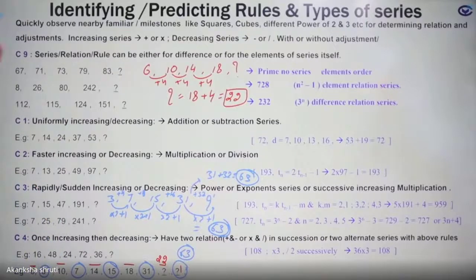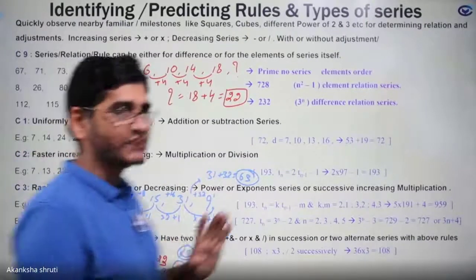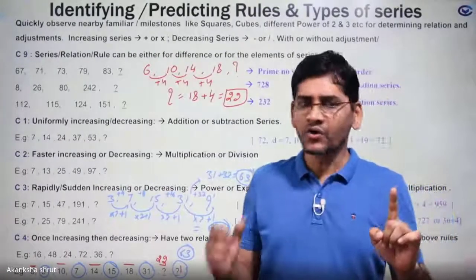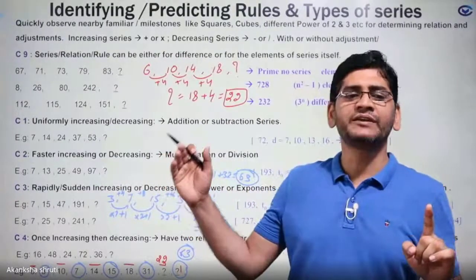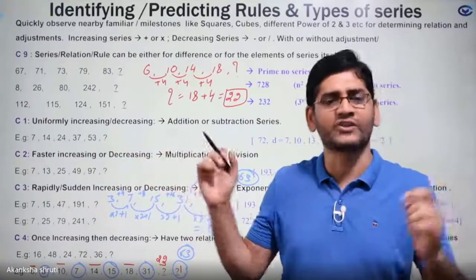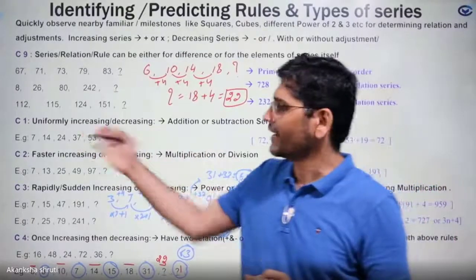So only these are the four important concepts that you have to keep in mind. Again, recall: first, go for checking the difference. If the difference is uniformly increasing or decreasing or even constant, apply the addition series.